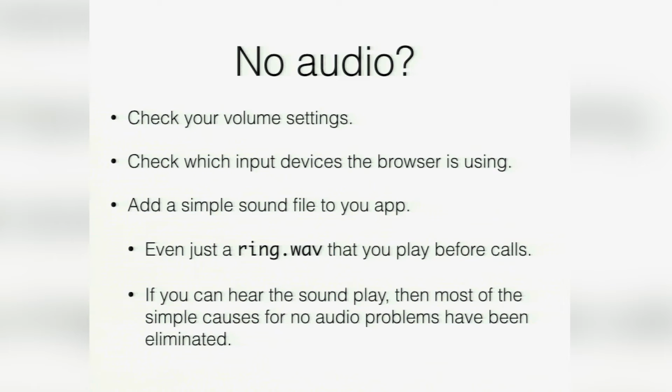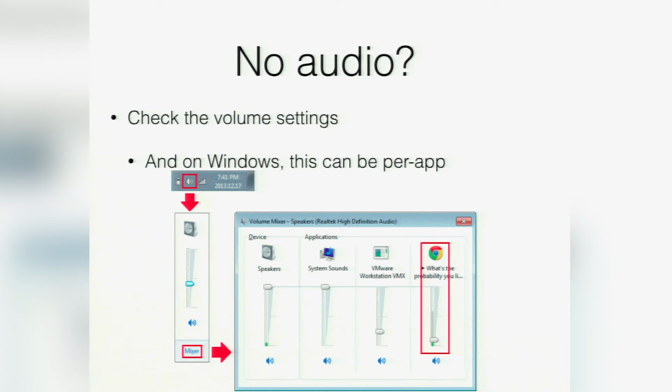And that just helps you have a little assurance that, okay, at least the audio path from my browser tab to the speakers is working, because it's amazing how many times that's a problem, especially on Windows. For some reason on Windows, you control the volume down to a per application level.